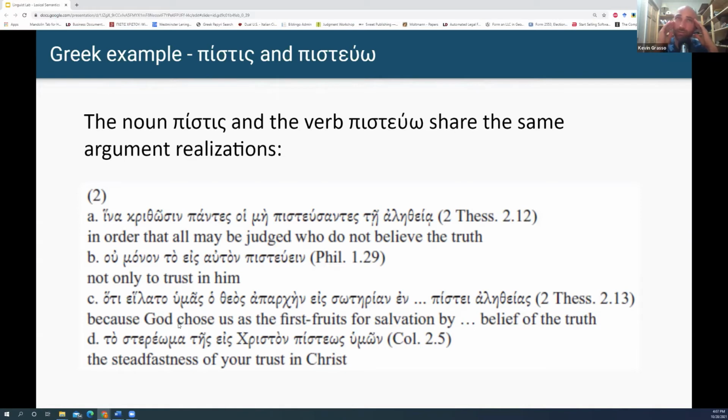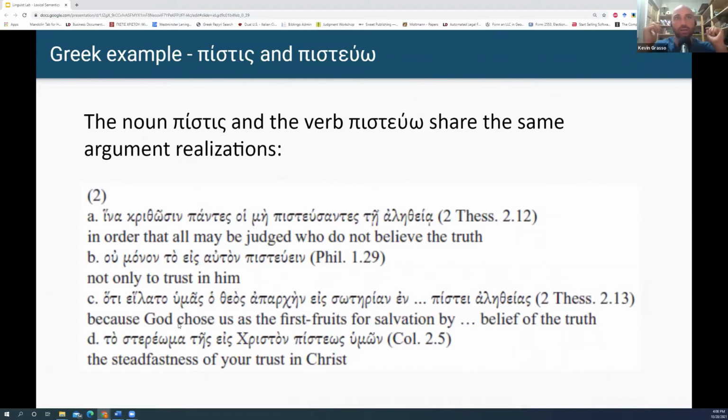No, that's not a good one. It's interesting that in English it doesn't work nearly as well. Some nouns it works very well, and some nouns it doesn't. So believe and belief in English works perfectly. The noun and the verb are going to have the same kinds of argument realization patterns.